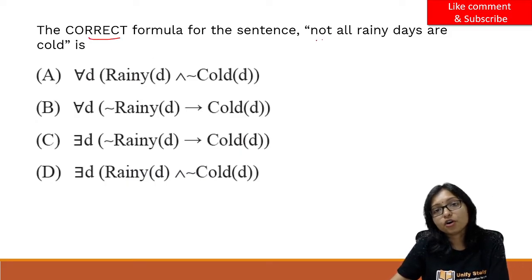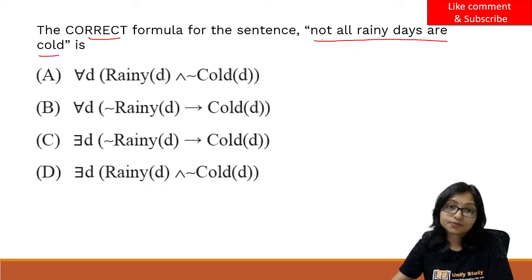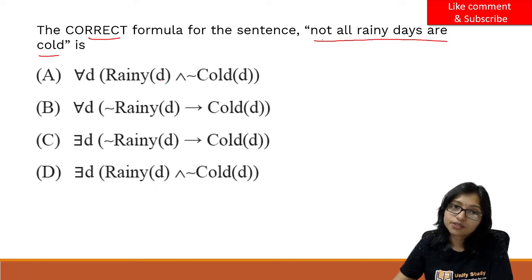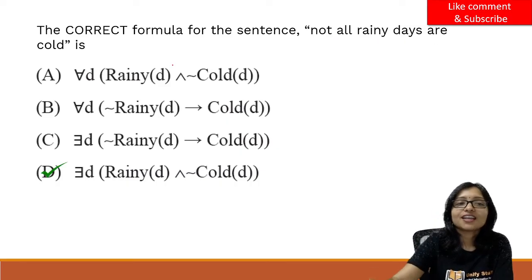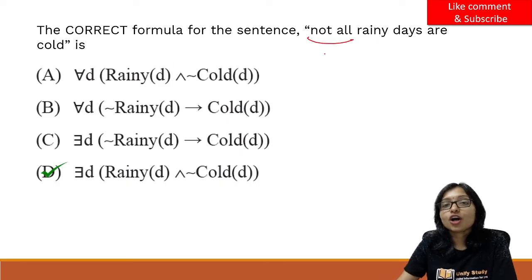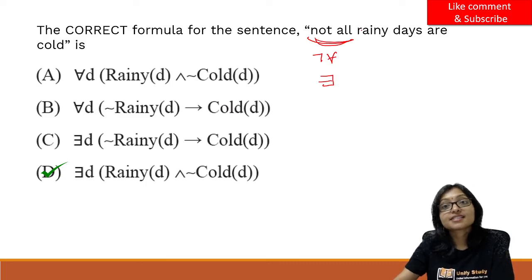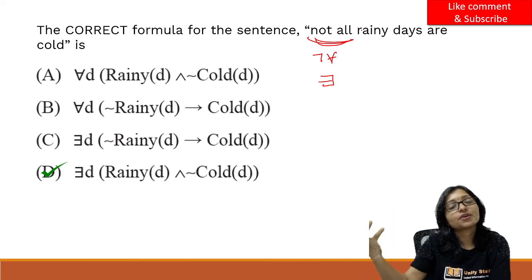Now see, the correct formula for: not all rainy days are cold. How to do? Not all rainy days are cold. Yes, not all. Not all means negation of for all, that will be changed to there exists. Not all: some of the days are cold, some of the days are not cold, maybe.